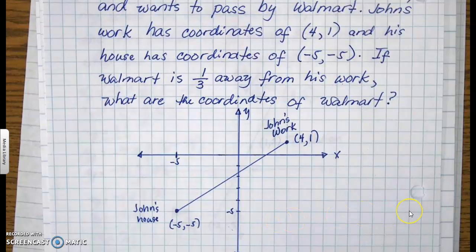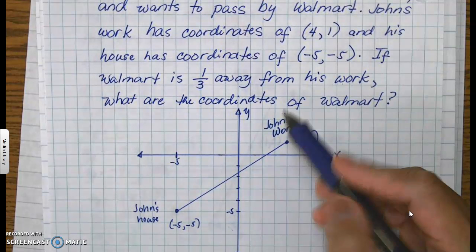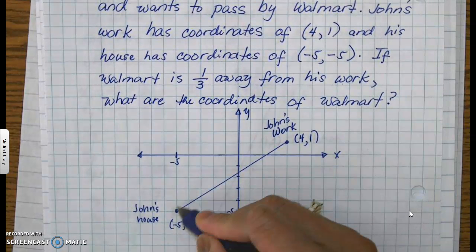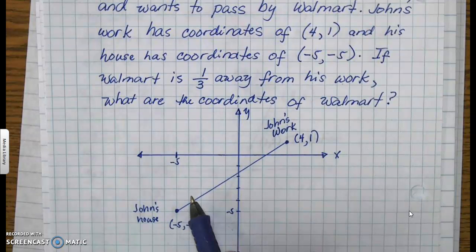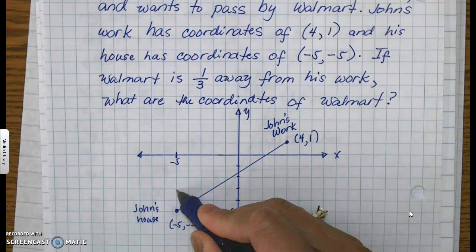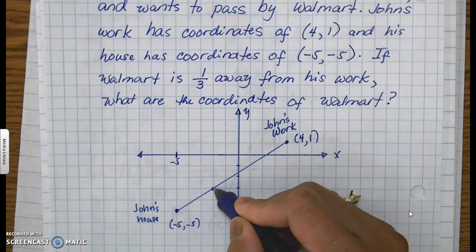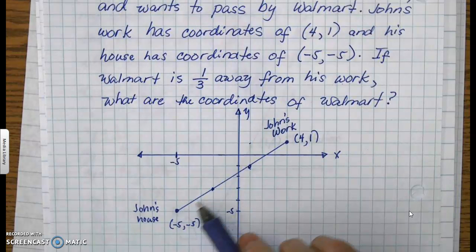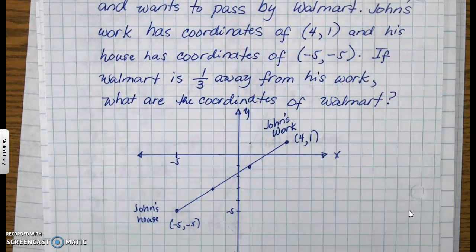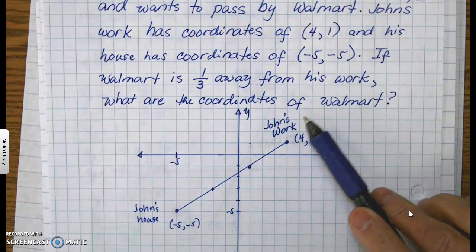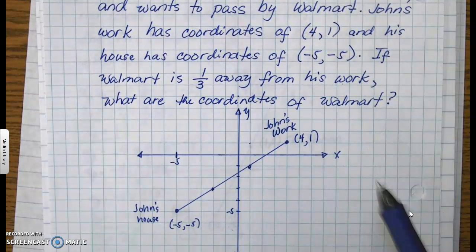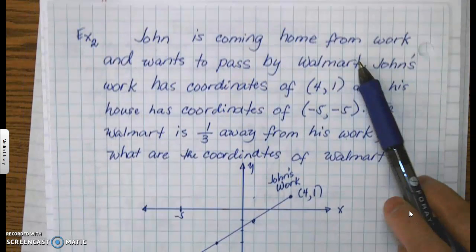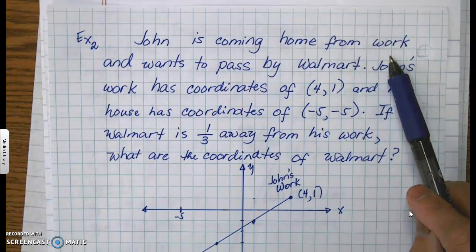Okay, if I take a look at this, I am able to do the slope here again. So I will have my rise and run. So rise of 2, run of 3, rise of 2, run of 3, rise of 2, run of 3, for me to cut this into 3 parts. This time, guys, our beginning point, our starting point is John's work, because it says here that John is coming home from work and he wants to pass by Walmart.